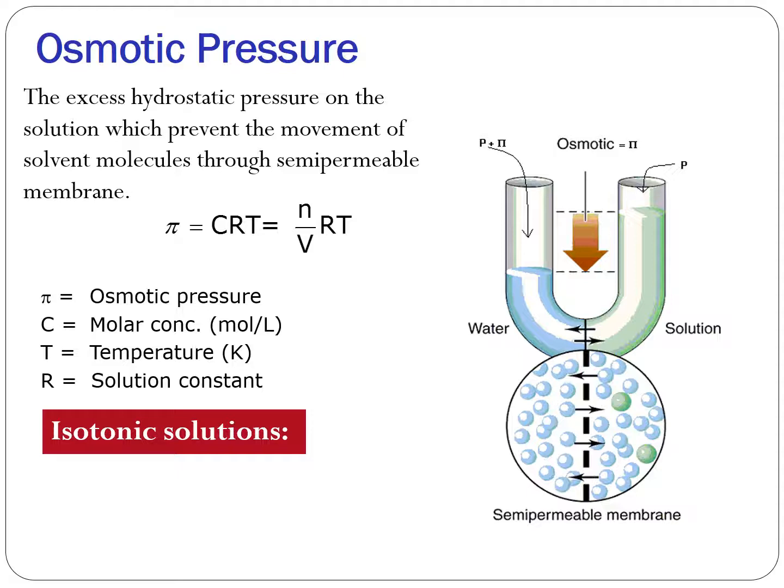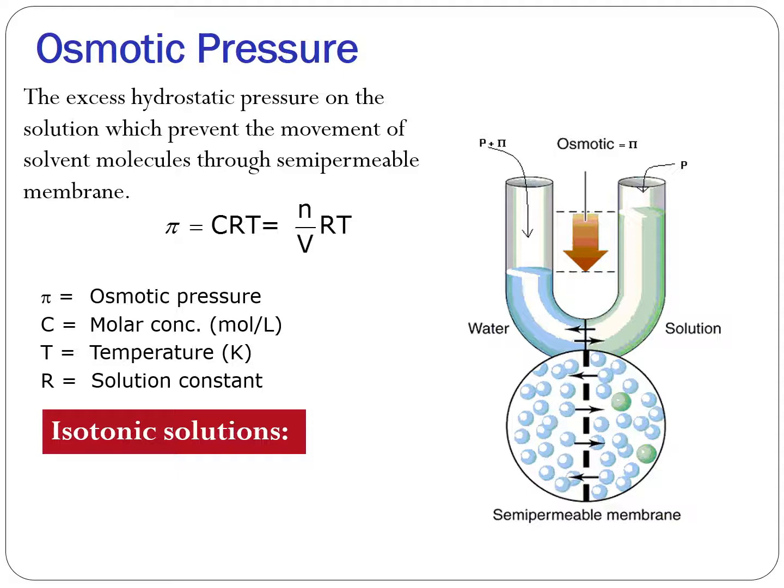Isotonic solutions. Now, according to the Van 't Hoff equation for dilute solutions, pi equals CRT. This means that two dilute solutions with the same molar concentration at a given temperature also have the same osmotic pressures. Such solutions are known as isotonic or iso-osmotic solutions.